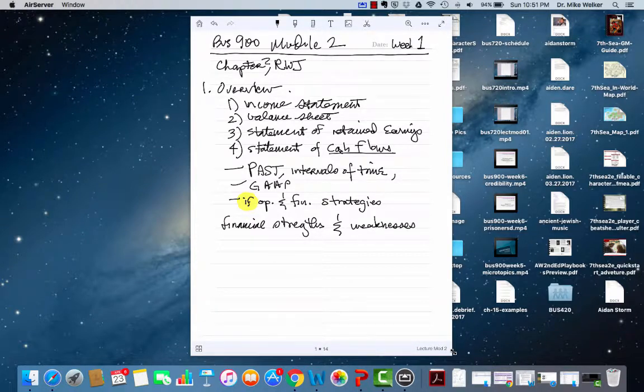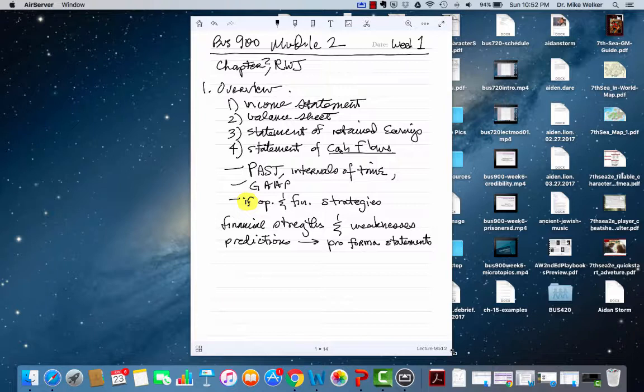We also want to look at the financial statements so that we can make some predictions. We will rely on this data, and the predictions will be fashioned into what are going to be called pro forma statements. Pro formas are our forecasts. These are projected financial results.